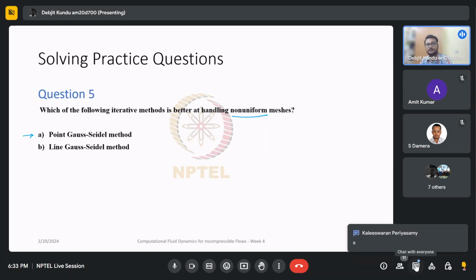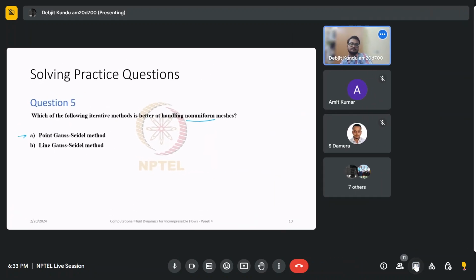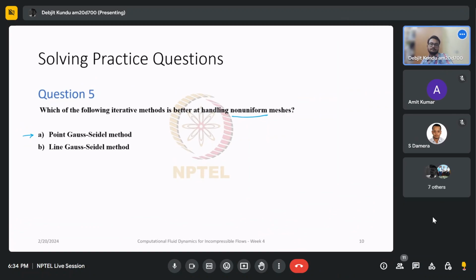Okay, another response in favor of option A. All right, so if we take a look at the solution, it is indeed option A. So those of you who picked option A, correct. Good. So what is the reason behind this? Can anyone tell me?